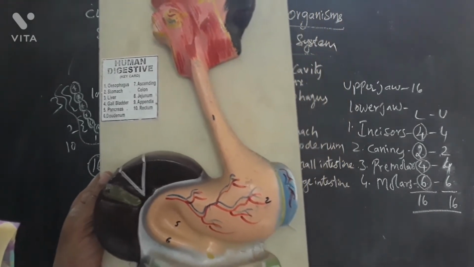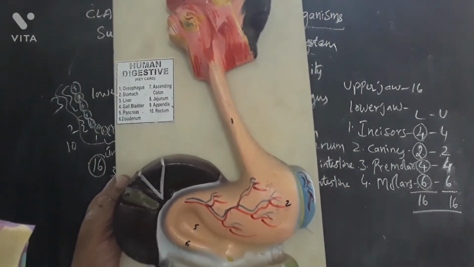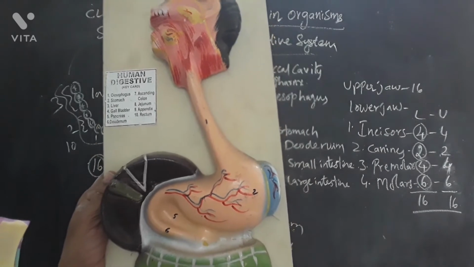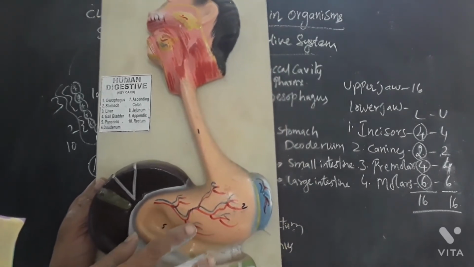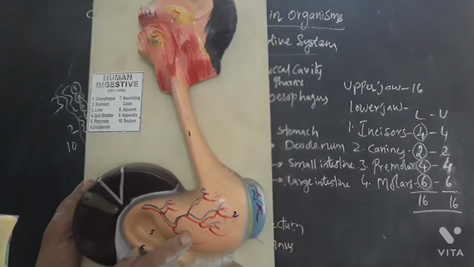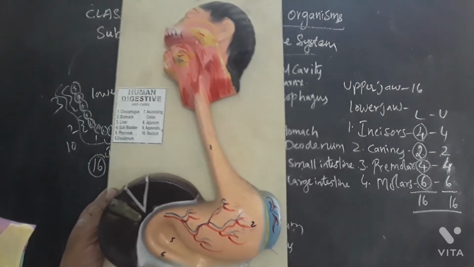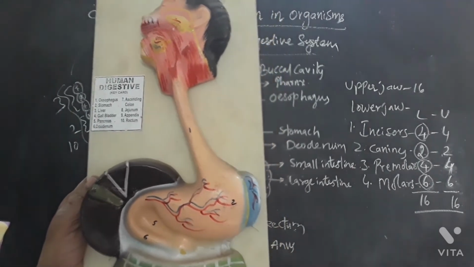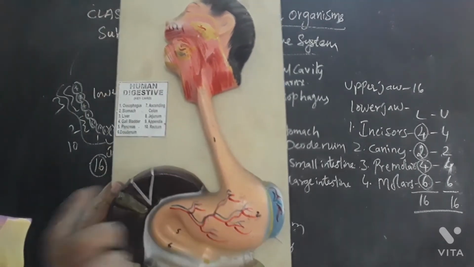In the stomach there are digestive glands, which digest food with the help of hydrochloric acid inside the stomach. It also helps kill the bacteria present in the stomach.